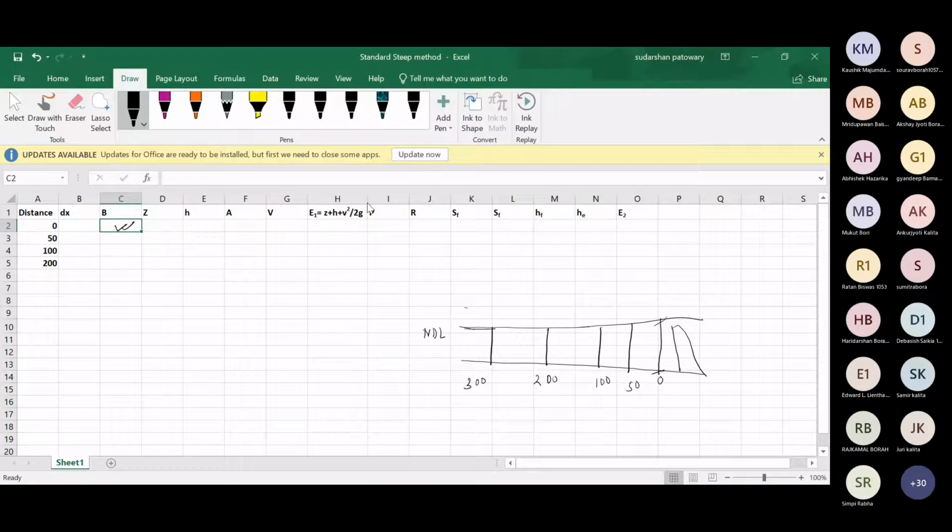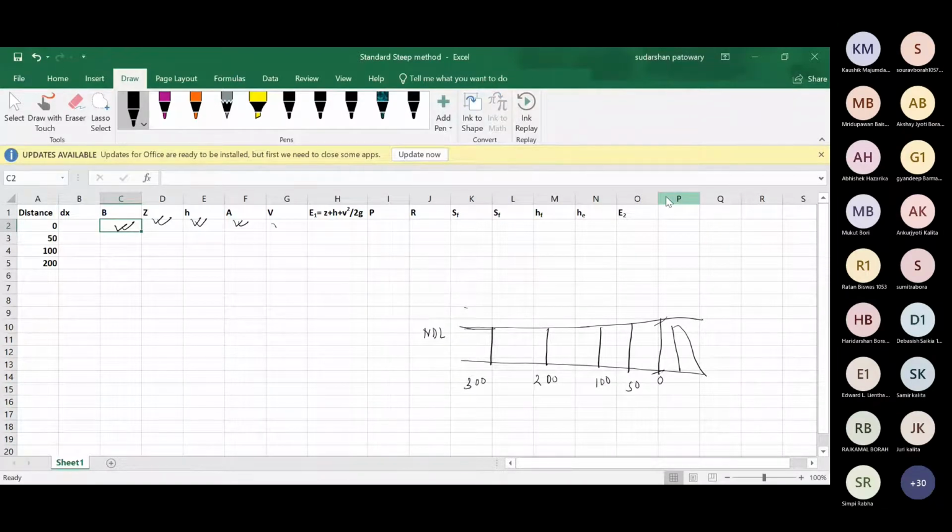At this point you know the value of Z, and you know the value of Y, the water depth. I am double ticking these because at the control section we know these values. Area of the channel is also known, B into Y. Velocity is known because we are computing for a constant discharge, so Q by A gives the velocity.